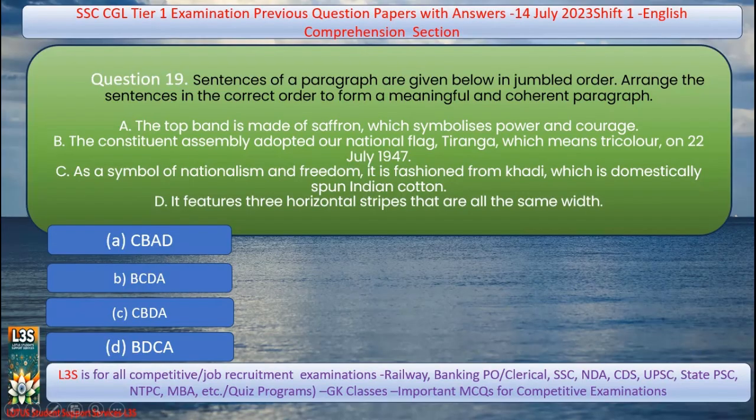C. As a result of nationalism and freedom, it is fashioned from khadi, which is domestically spun Indian fabric. D. It featured 3 horizontal stripes. They are all the same width. So here the correct order is B, C, D, A. That will be the meaningful and coherent paragraph if we combine B, C, D, A.